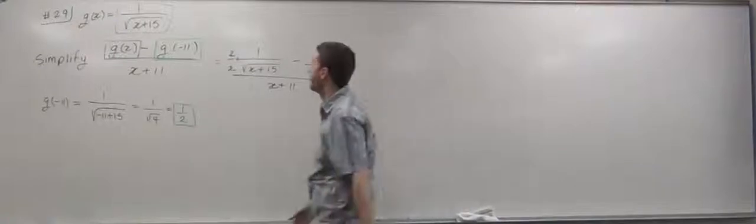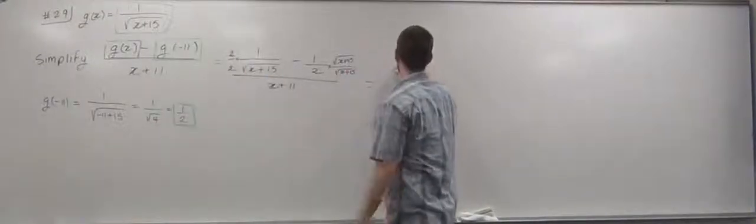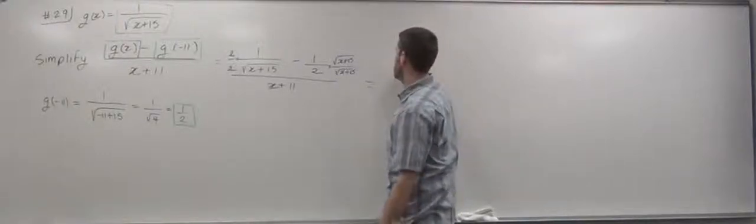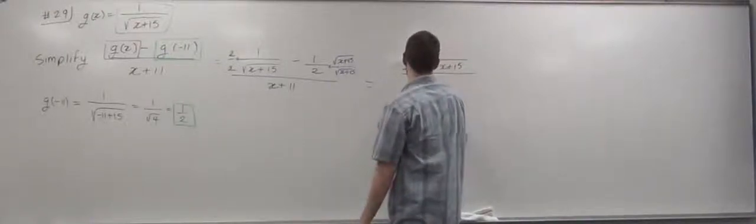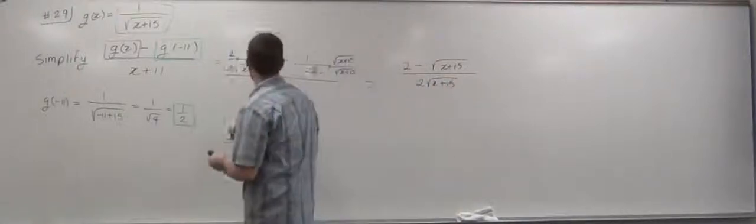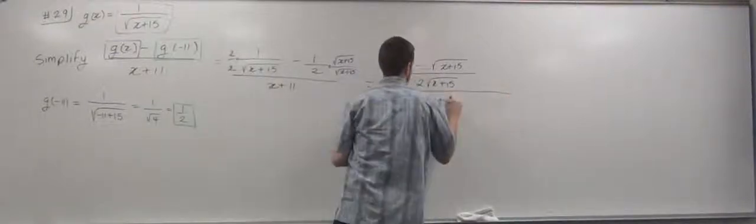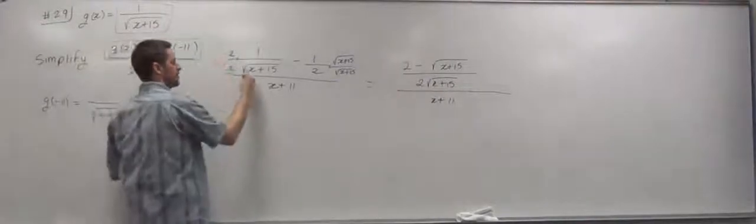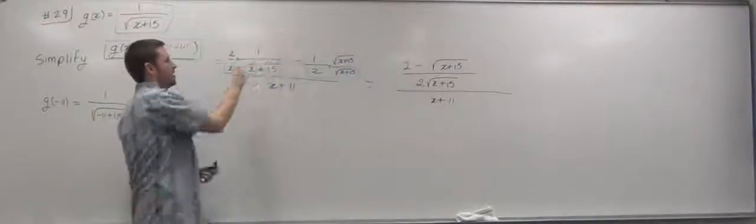Is it okay if I write 2 minus root x plus 15 over 2 root x plus 15 on top? Does that make sense? That's just the top. The denominators are the same, so I put it in a single denominator, and then I subtract it in the numerator.